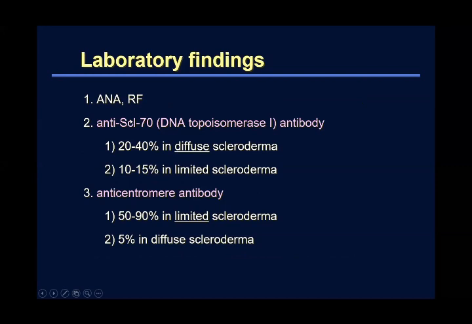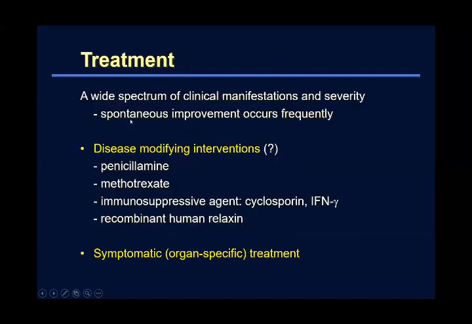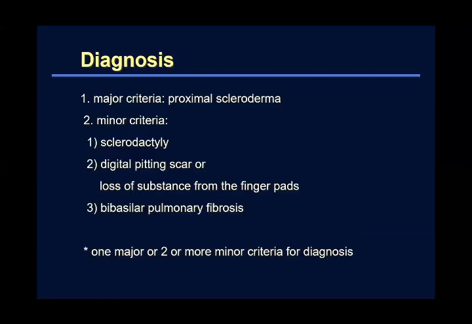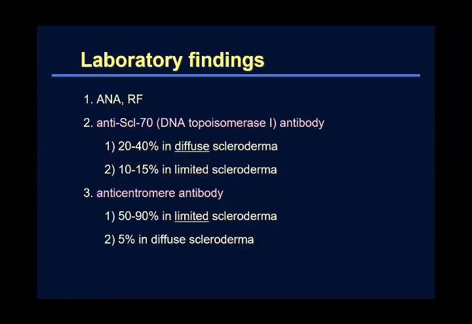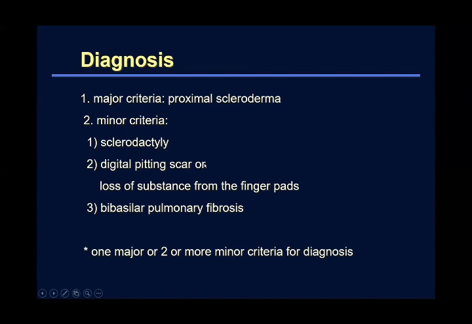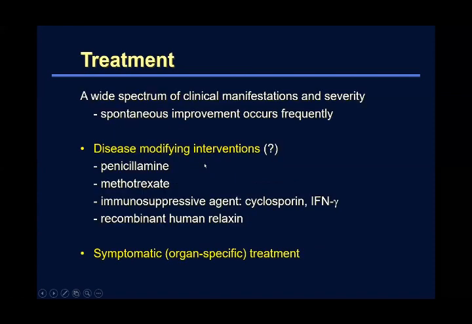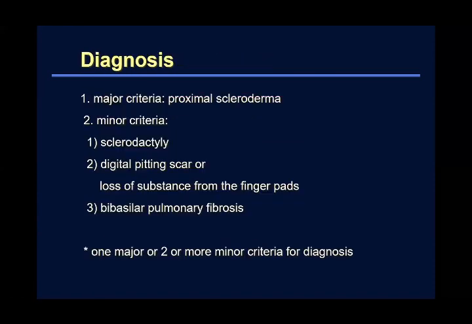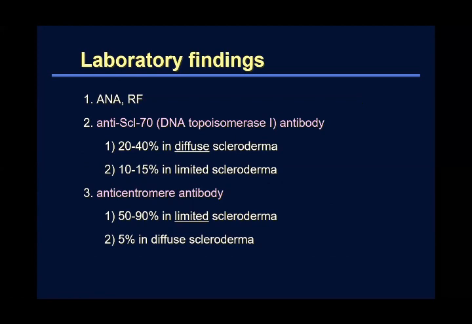In limited disease, they will have it only in 10 to 15% of patients. Anti-centromere antibodies are found in 50 to 90% of limited disease, but in diffuse disease it is only 5%.